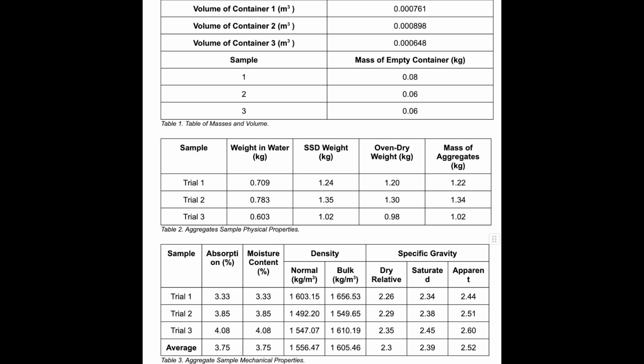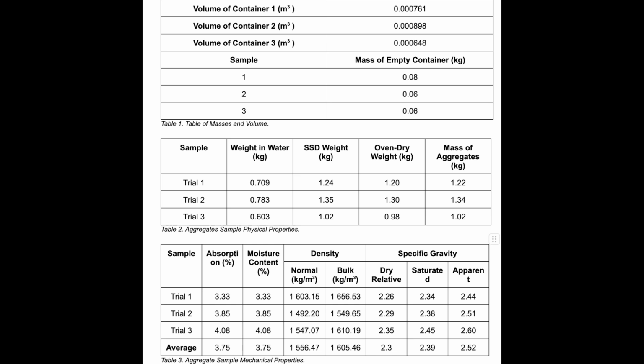The dry and saturated specific gravity values were below the DPWH standard of 2.5 to 3.0. The average water absorption of 3.75% exceeds the 2% limit, indicating high porosity. Although the bulk density was within the ASTM range, the overall quality does not meet the required standard for durable concrete.